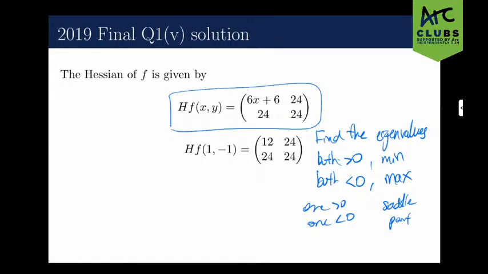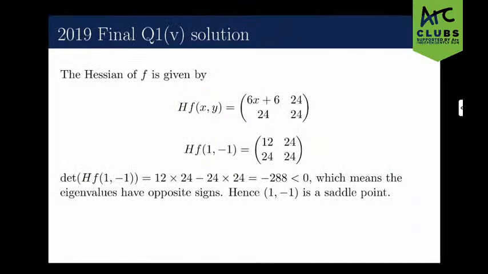Usually we look at two things, which are the determinant and the trace. The determinant is 12 times 24 minus 24 times 24, which in this case is equal to negative 288, which is negative. The determinant of a matrix is equal to the product of eigenvalues.